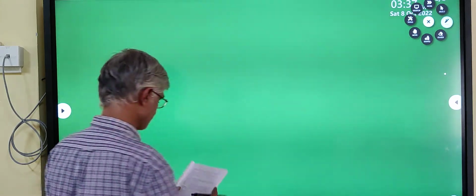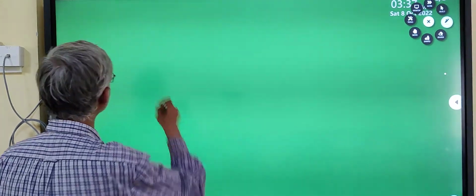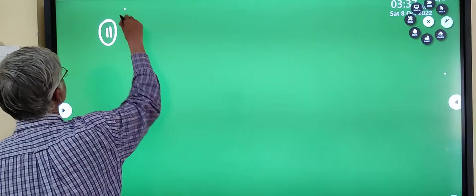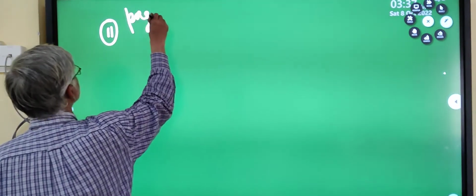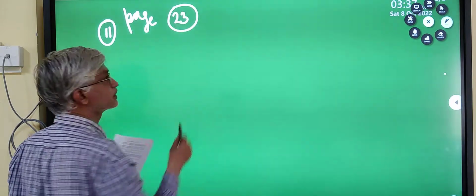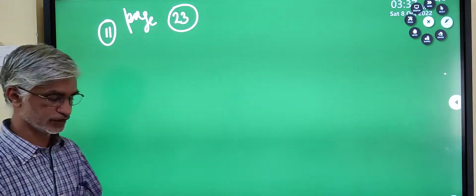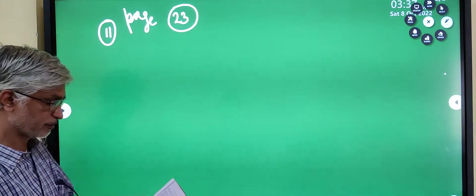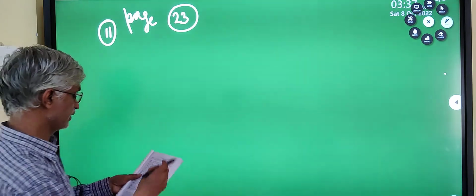This is problem number 11 on page number 23 of the book, so please do look into this page. Now the problem goes like this.